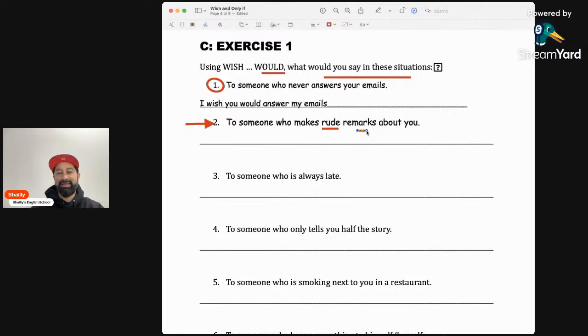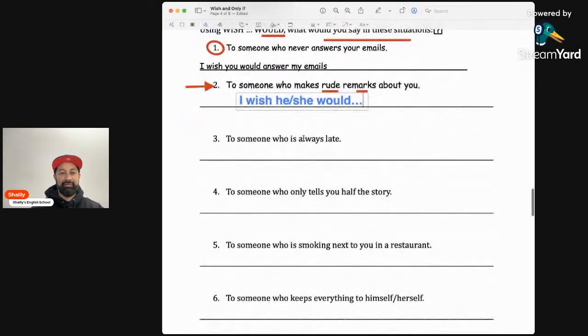So somebody is making a rude comment about you. What would you say to them? And we're going to be using I wish. You can say, I wish he or she would, and then your answer. All right, who has an answer for number 2?